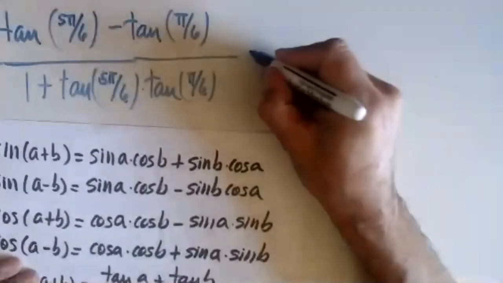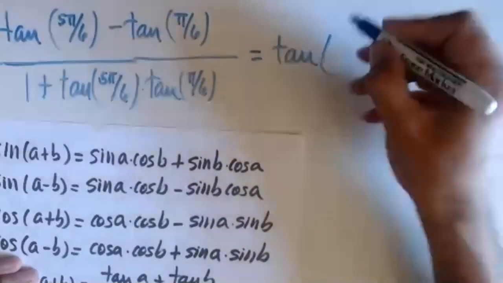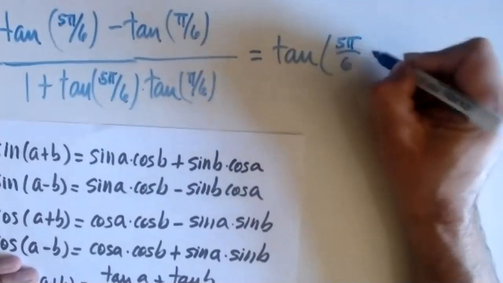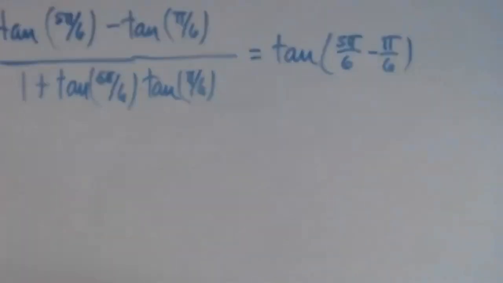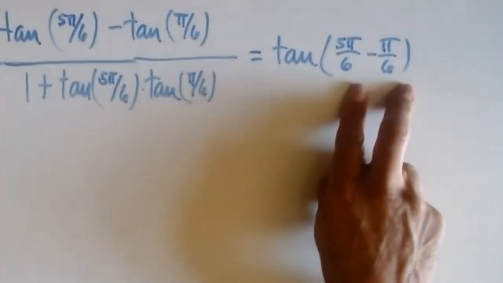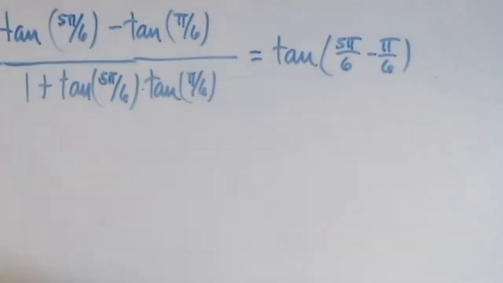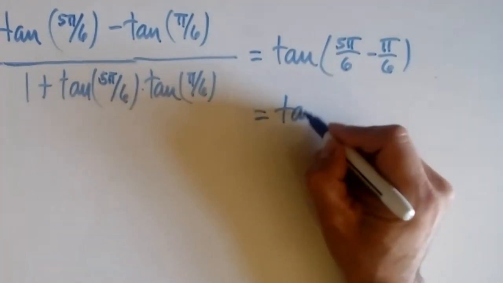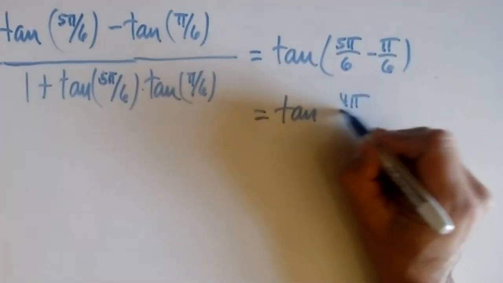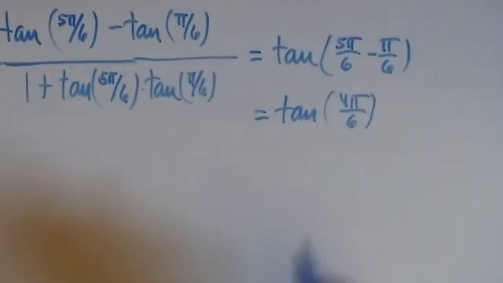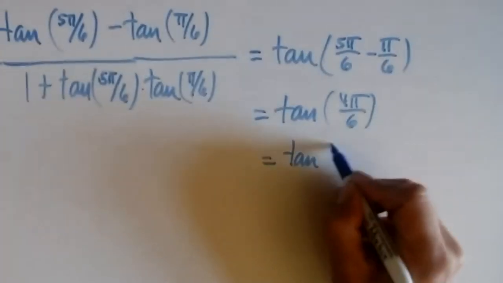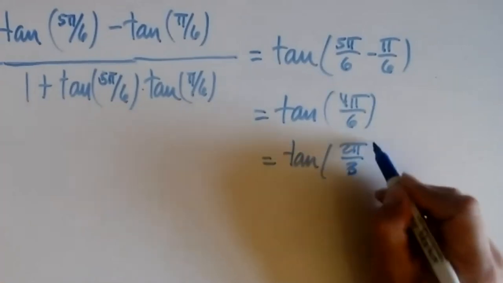So this is going to be tangent of 5 pi over 6 minus pi over 6. How much is this? 5 minus 1, so this is tangent of 4 pi over 6. You have 5, you subtract 1, you have 4. And if you reduce this fraction, this is tangent of 2 pi over 3.